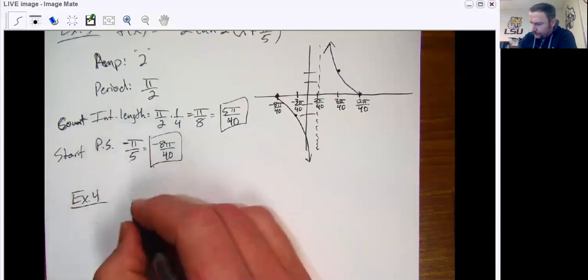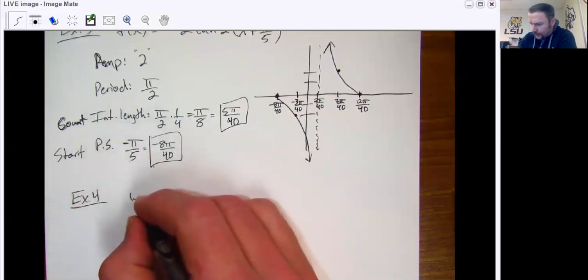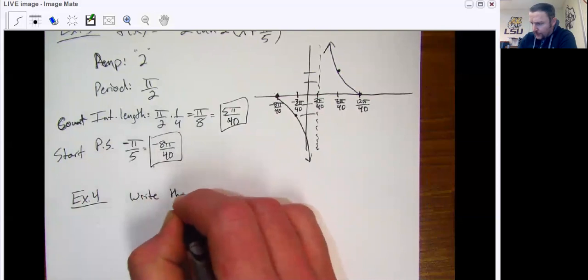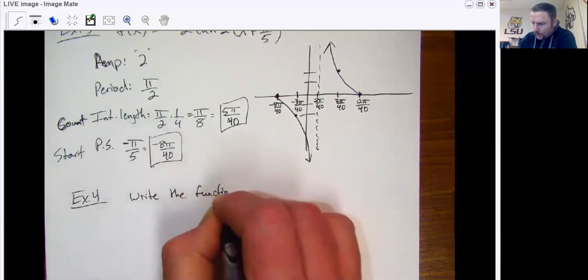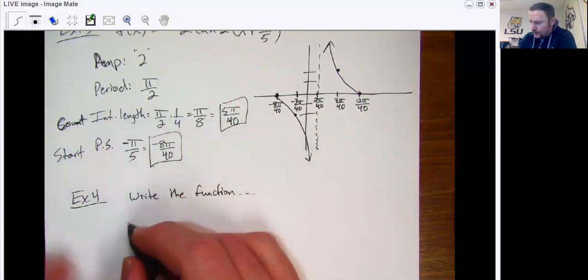Example number 4. The directions will say for this one, write the function, right? So here's the graph.